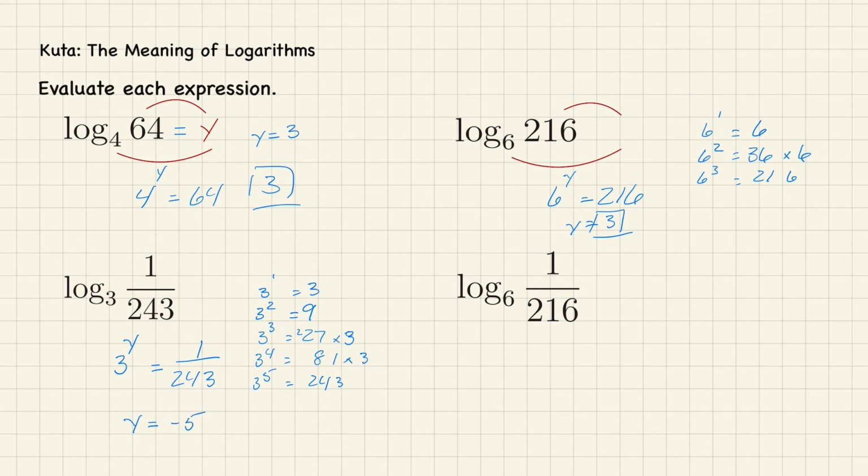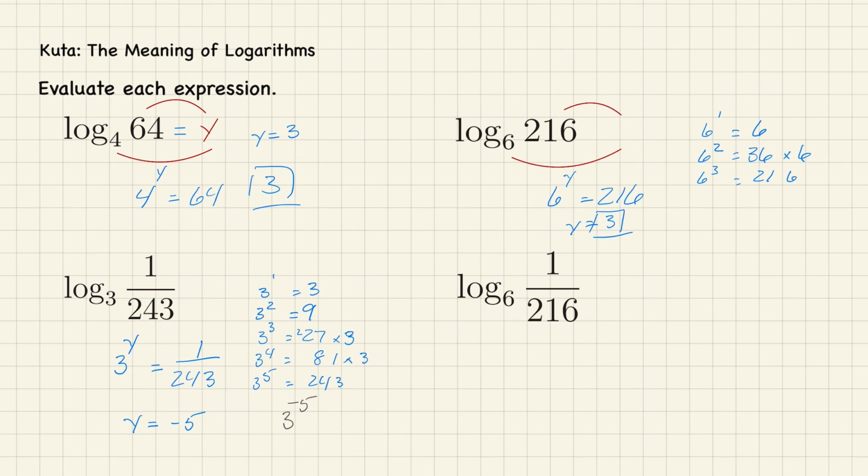Because if we have 3 to the fifth power, I want to show you one more time. So we have this here, 3 to the fifth power, okay, is 243. However, if we had 3 to the negative fifth power, right, how do we make it so that this exponent is positive?